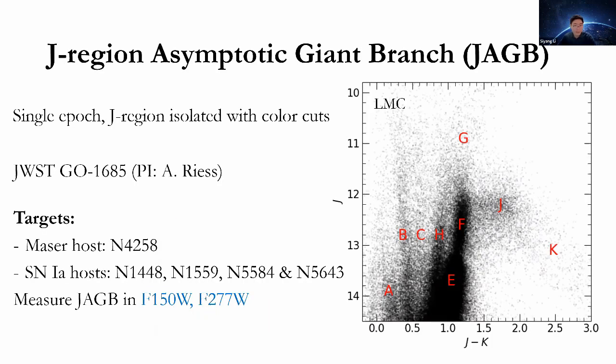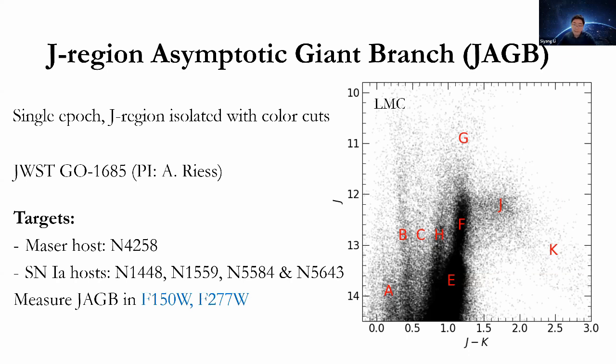So observationally, the JAGB is measured using a single epoch, meaning we only need an observation in 2 filters, J or H, for the y-axis of this color magnitude diagram, and a color on the x-axis. And the J region can be isolated simply with color cuts.